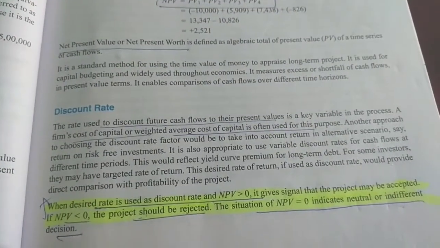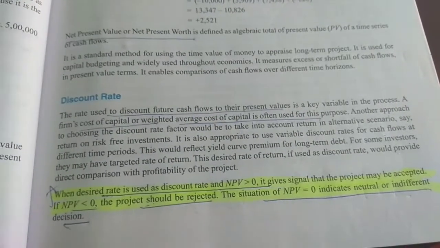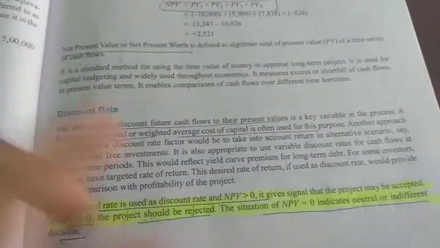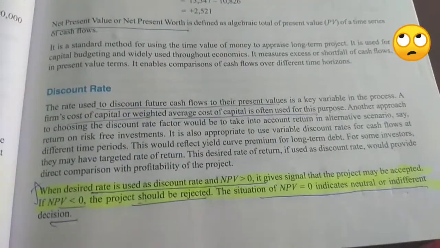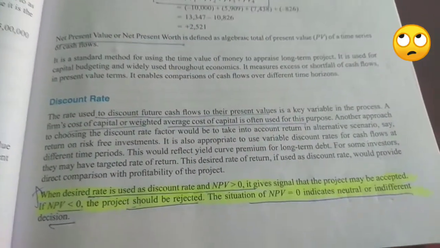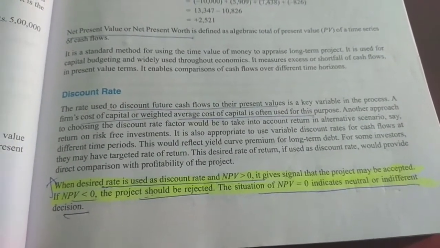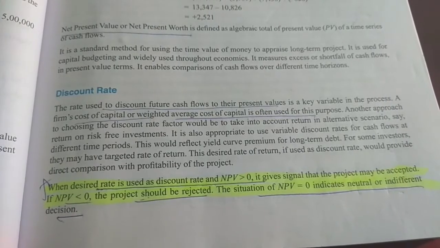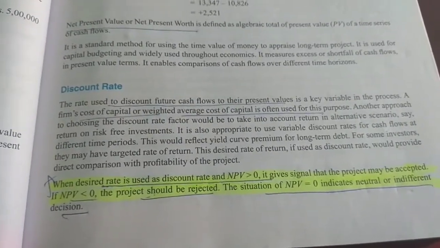Discount rate is an important factor in finding the present value. Some investors have a targeted rate of return. If their desired rate of return is used as the discount rate, it would provide a direct comparison with the profitability of the project.